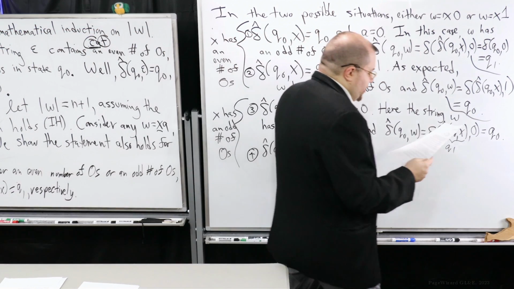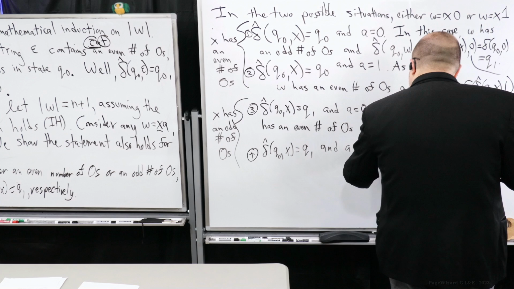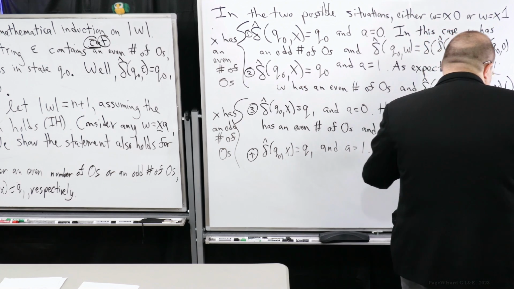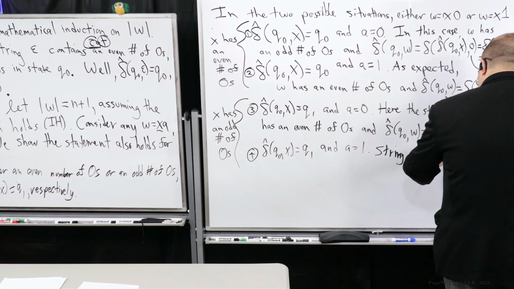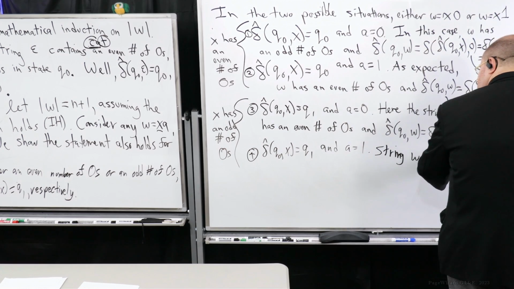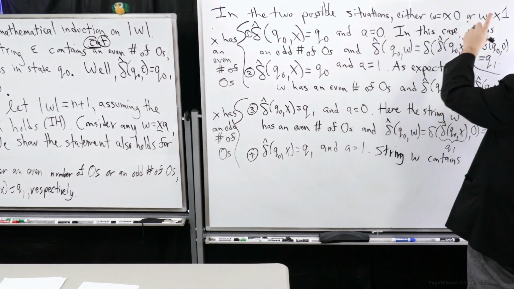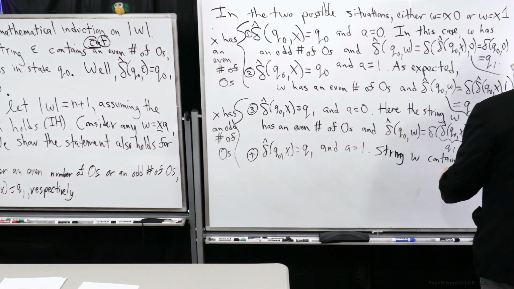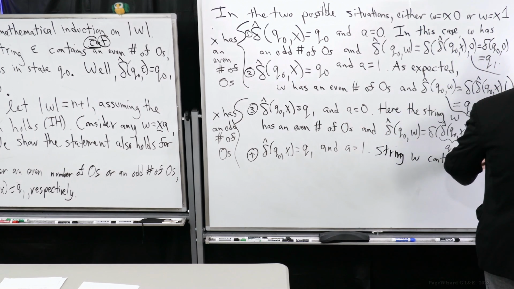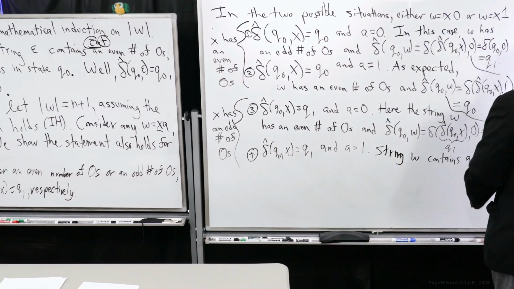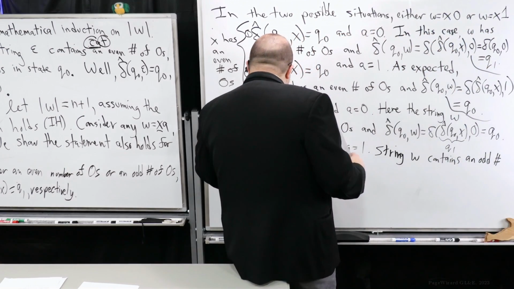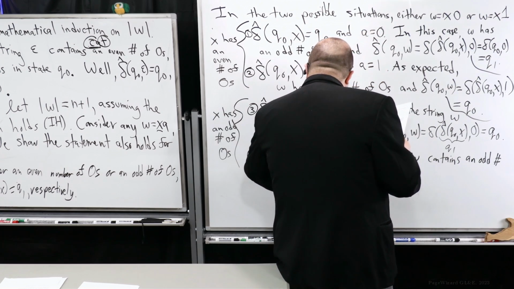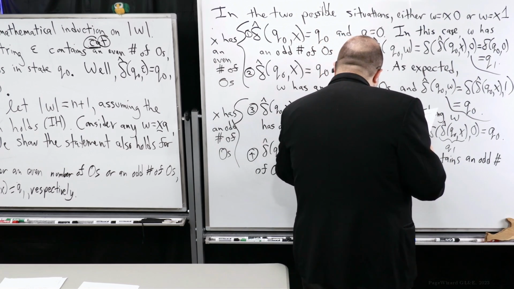Then lastly, we have our last case here. String W contains an odd number of zeros, right? Because remember, it has a 1 on the end instead of a 0, so it's just dictated entirely by X. And now let's just work out the extended transition function.